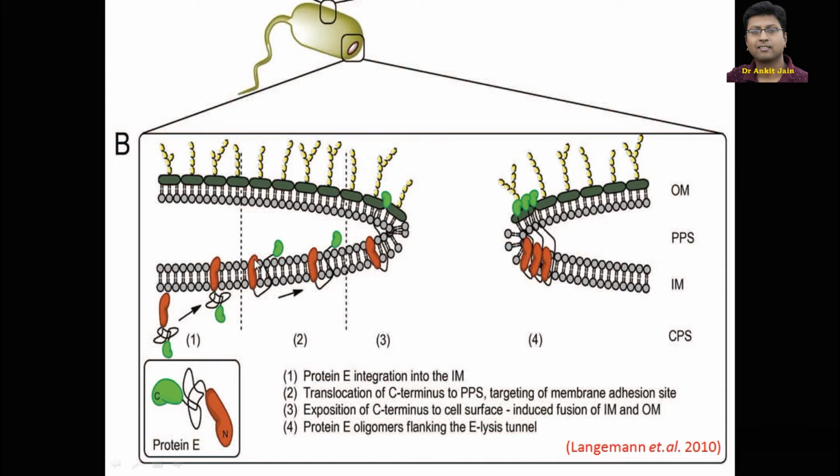During the initiation of lysis of the bacteria, the C terminal moves towards the outside of the cell membrane, and it blocks peptidoglycan synthesis, and after that it creates a pore. Through this pore, the different molecules or cytoplasmic contents escape out of the bacteria. So this is a hole that is generated in the bacterial cell.